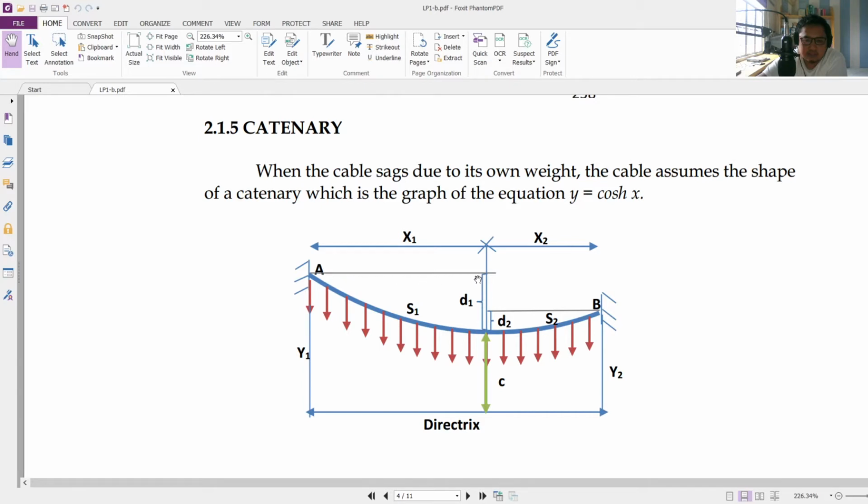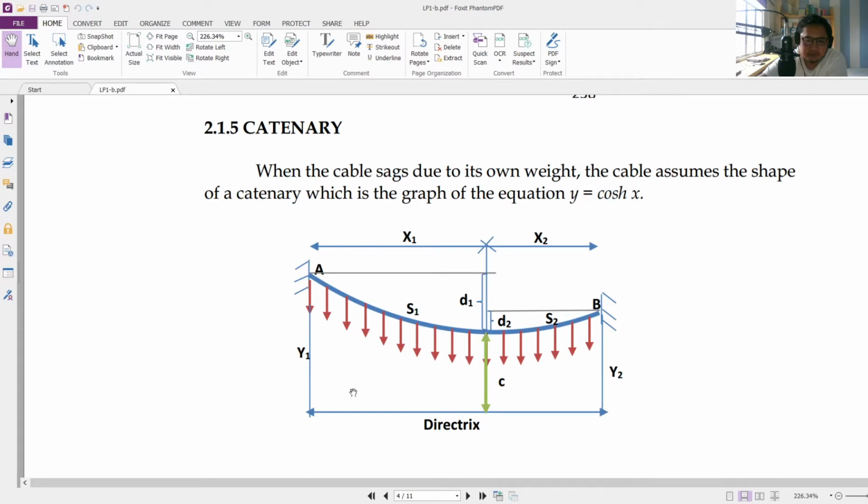The sag of the left element is called D1, while the sag of the right element, or the other half, is D2. The sag, by the way, is computed from the level of the support, horizontally, up to the lowest point of the cable.